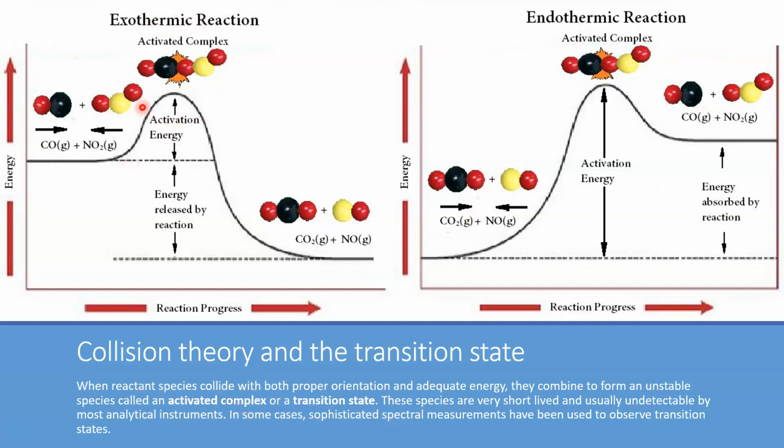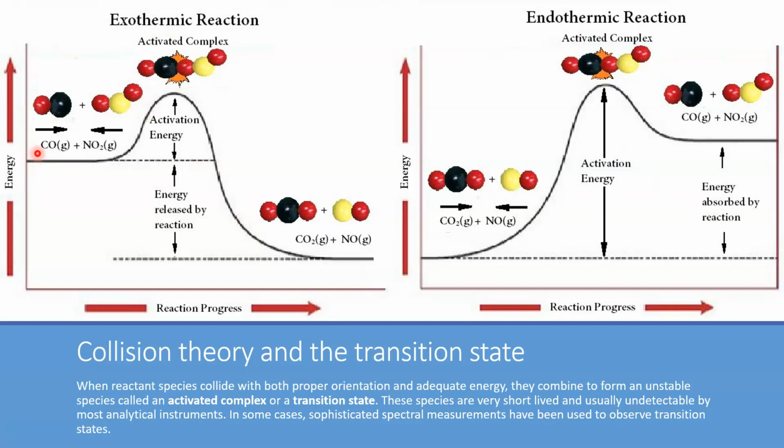So these are very short-lived, very unstable, usually undetectable by most analytical instruments. That is the transition state or the activated complex. And in some cases, we can observe these, but rarely. So again, this is part of our model.